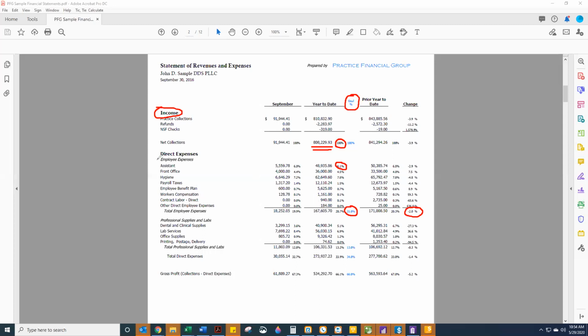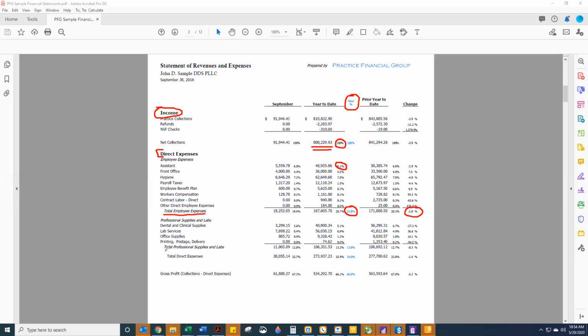So the first thing we break out on the expenses are what we call direct expenses. Think of these costs or expenses as directly related to you seeing patients. So the first category in the direct expenses is your employee expenses.